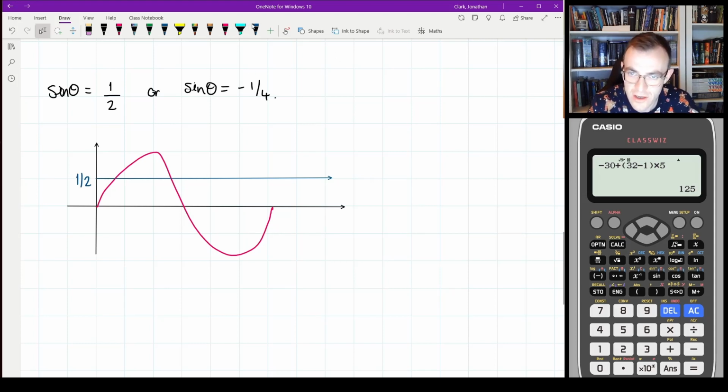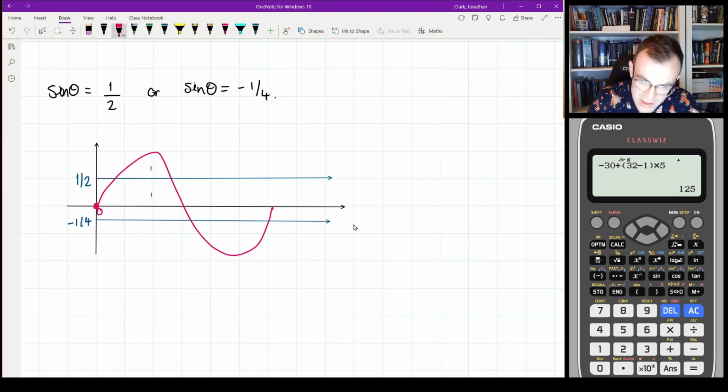And let's draw a line across at minus a quarter as well. And let's mark some important points. So this is 0, this is our peak, 90, this is 180, and so on.